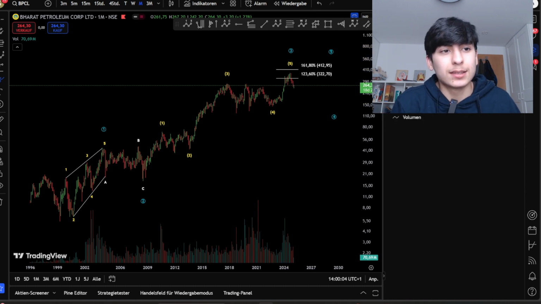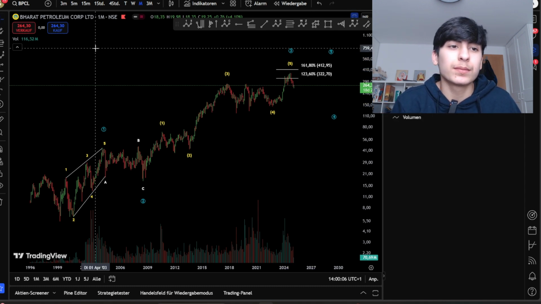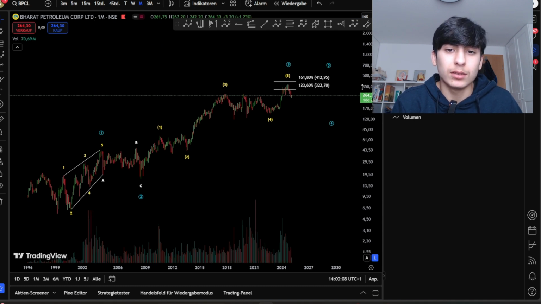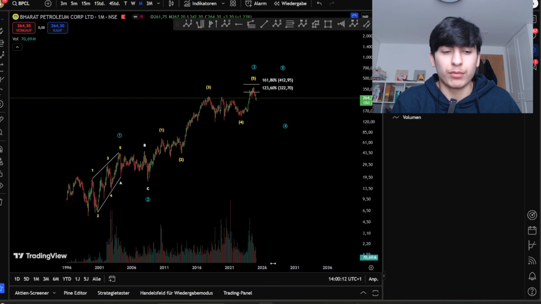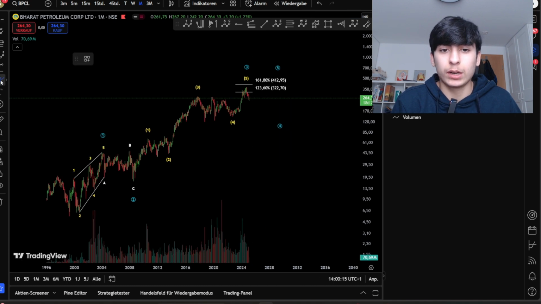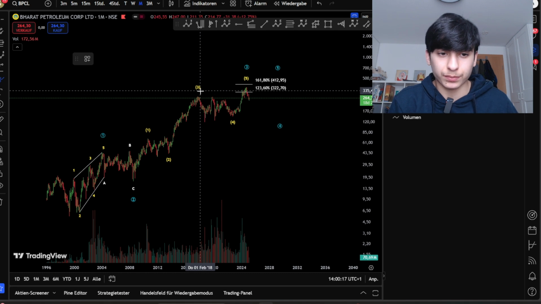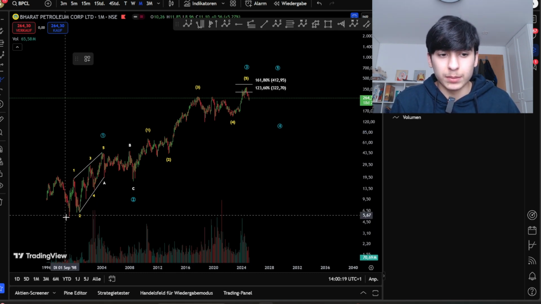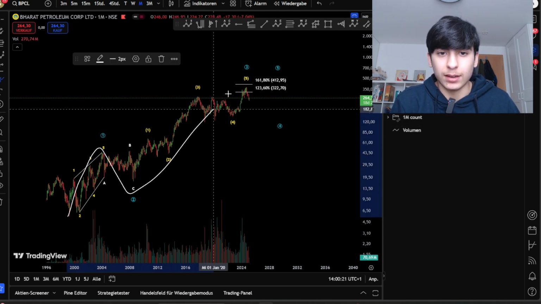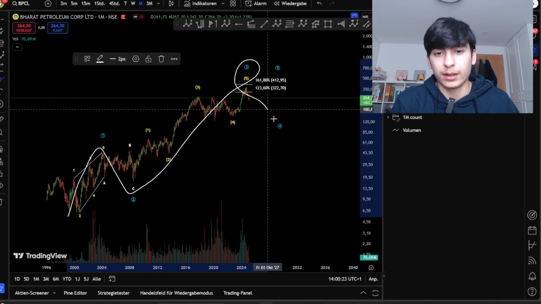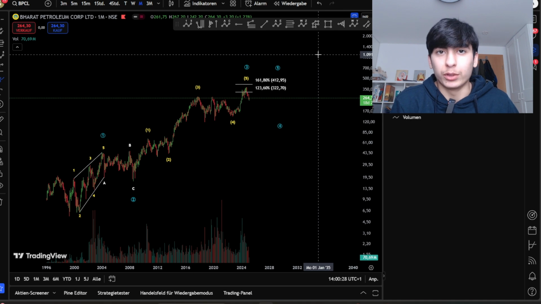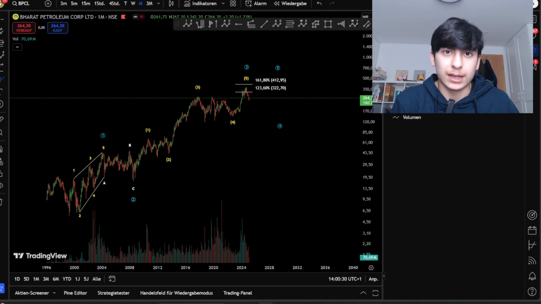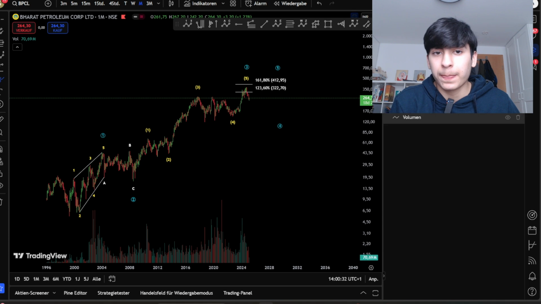But that is something we actually don't know yet. We simply cannot know that yet, as we don't have any information about whether it is a lower degree count or a higher degree count. That means we simply take it from here that this is an already finished wave 3, looking for wave 4 and wave 5. So in this case, we are looking for more downside, slash a bigger range in time.